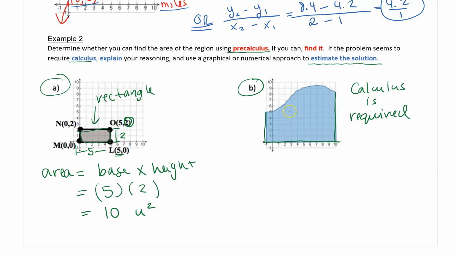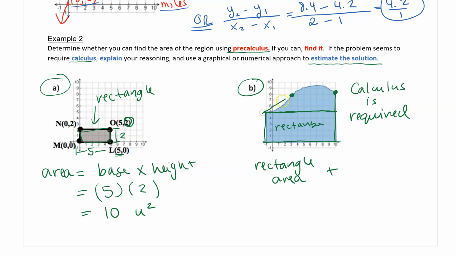We can maybe cut this part off right here, and then we see that part's a rectangle, so we could find that area. So we could do a rectangle area plus, let's see here, I could think of this as a trapezoid with the part here and here.